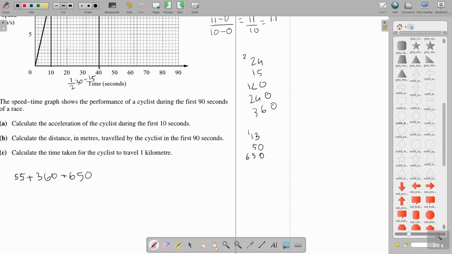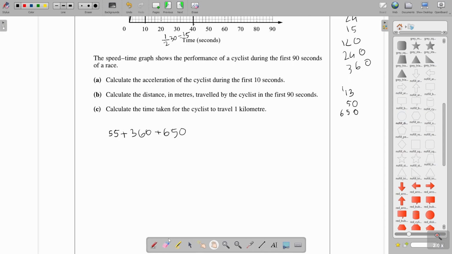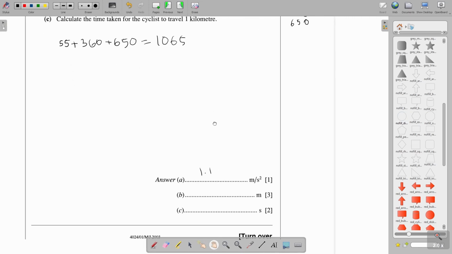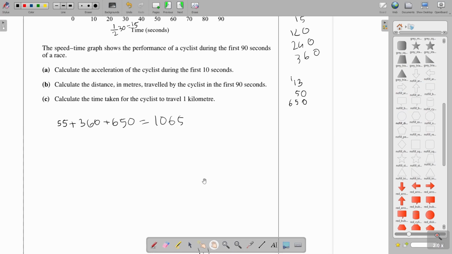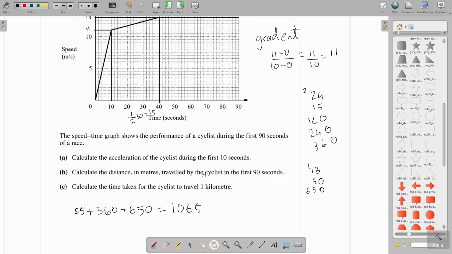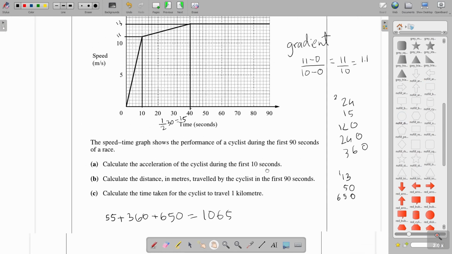Now 3 plus 6 is, so 900 plus 110, that would be 1010 plus 55 would be 1065, the distance in the first 90 seconds. I hope that was easy to understand. I didn't write out the numbers, but I did sort of do it graphically.